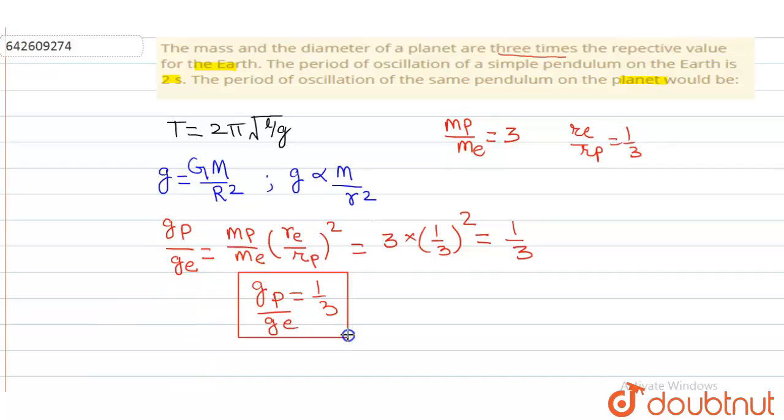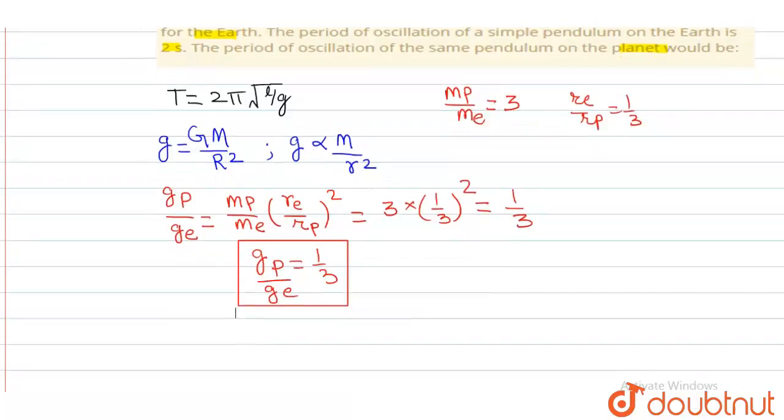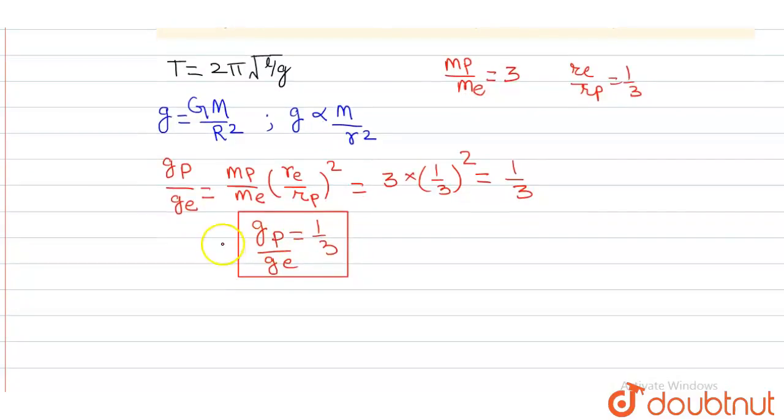Now let's talk about the time period. We know the time period is inversely proportional to root of g, since length and 2 pi are constant. So we have to find the time period at the planet divided by time period of the earth, which is under root of g of earth divided by under root of g of planet.